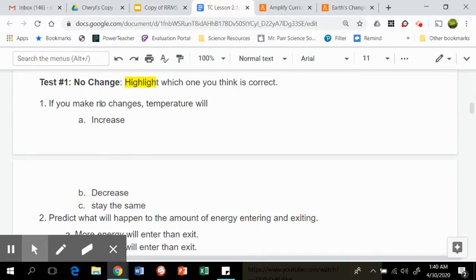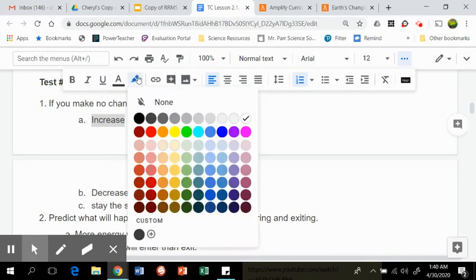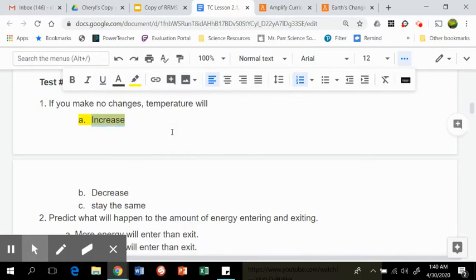Here, you are making a prediction. If you make no changes to the system, the temperature will increase, decrease, or stay the same. If you think it's going to increase, you're going to come to these 3 dots right here and click on that. This is the highlighter, and you would highlight increase.